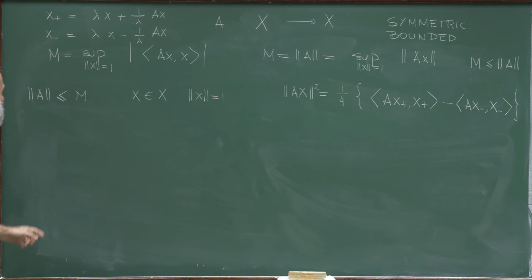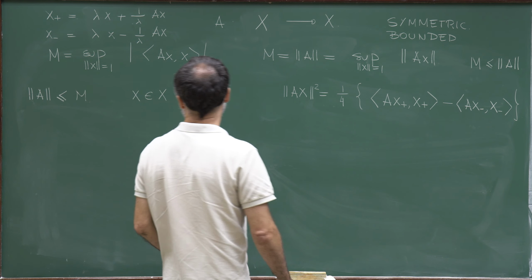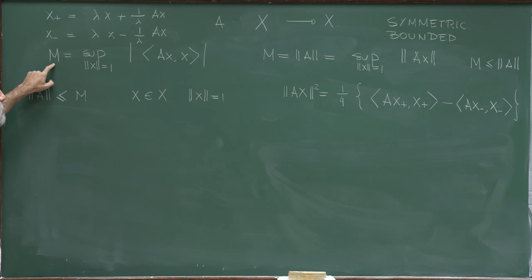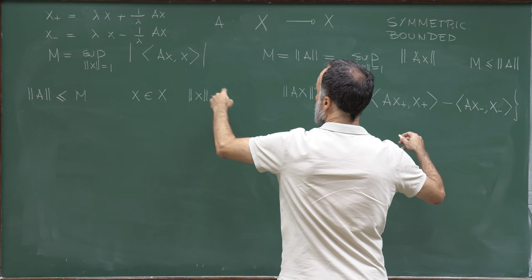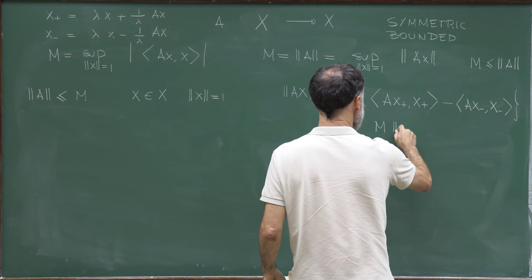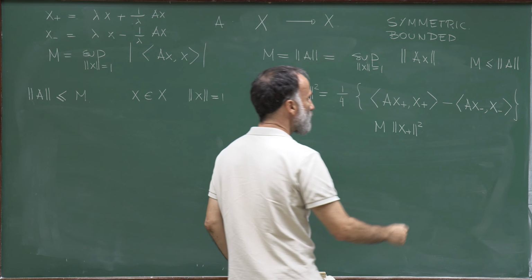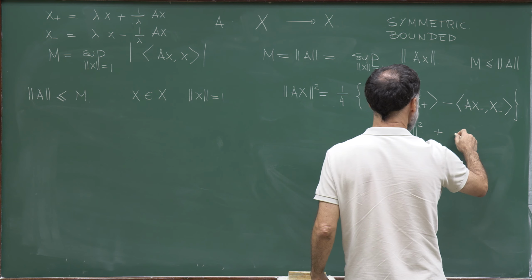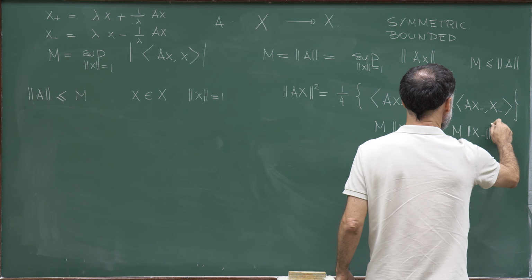And what I'm trying to prove here is that the norm of A is bounded by m, where m is given by this variational expression. So now, if you look at our definition of m, we see that ax plus x plus is bounded by m times the norm of x plus squared. And the same thing happens here, so I get m times the norm of x minus squared.